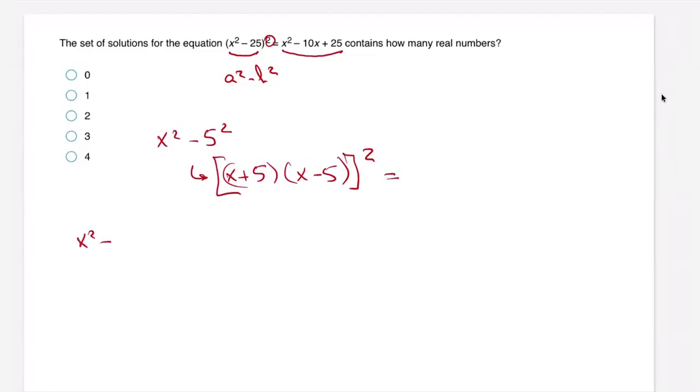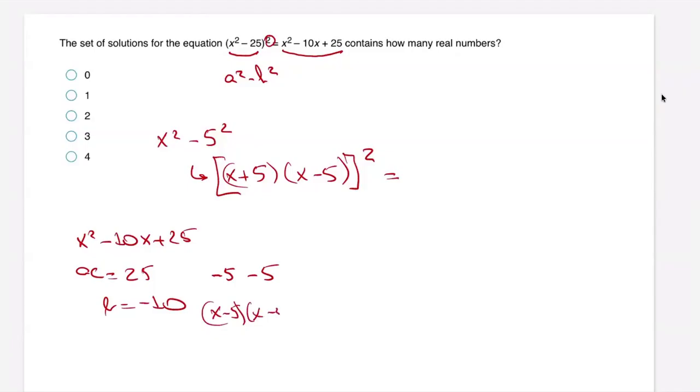X squared minus 10x plus 25. AC is equal to 25, B is equal to minus 10. Two numbers which the multiplication is 25 and the summation is minus 10: minus 5 and minus 5. What is the factorized format? So x minus 5, x minus 5. So x minus 5 is squared. Is that okay?